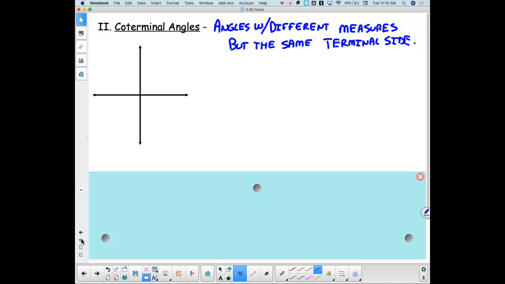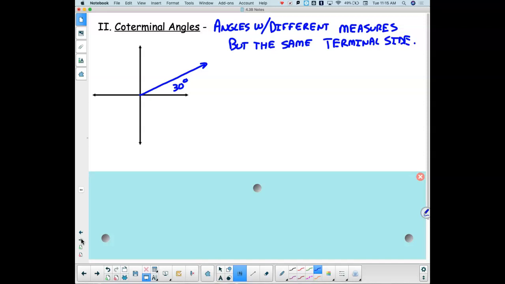Those are coterminal angles. So for instance, let's say I lock in an angle here of 30 degrees. Okay, we'll go in degrees today to make it easier, but we could also go in radians. We could say pi over 6. With me? Okay?